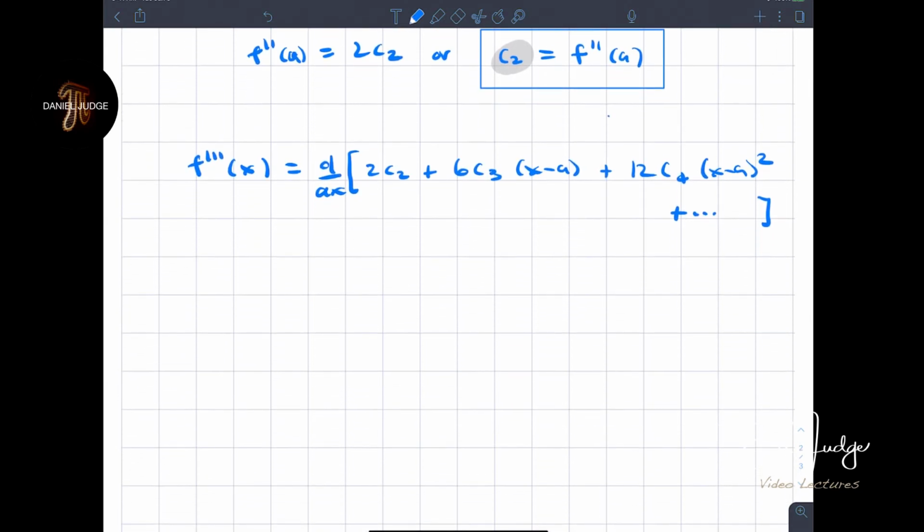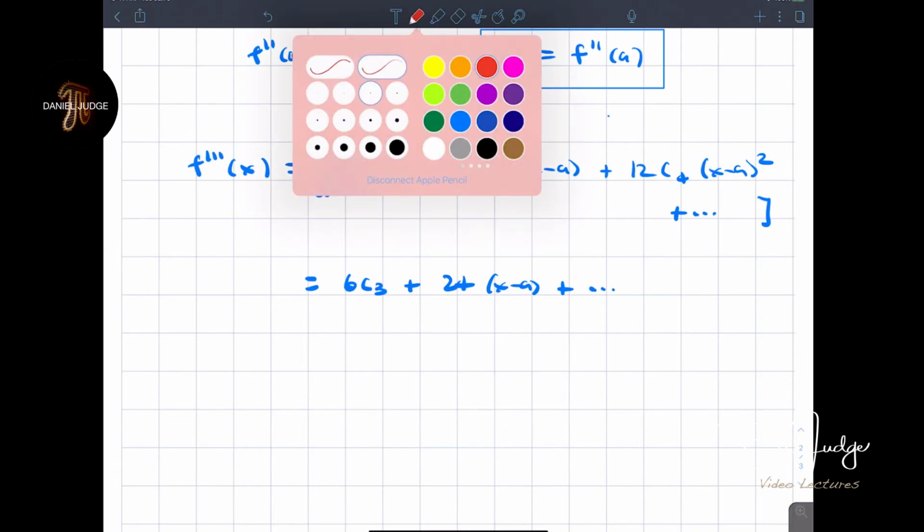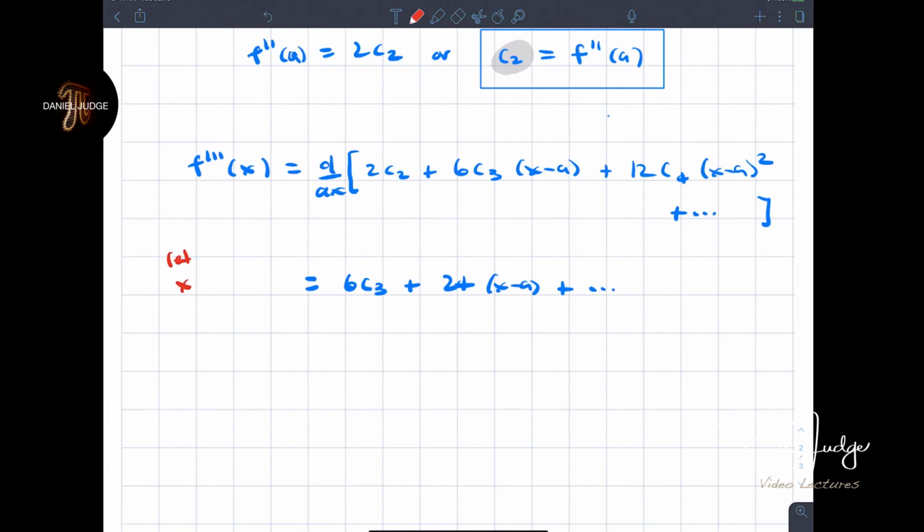And again, by properties of derivatives, we're going to get 6c3 plus 24 x minus a, and you get the rest of the terms. But I didn't write them down. So again, we let x be a here. So here's an a, wherever there's an x.